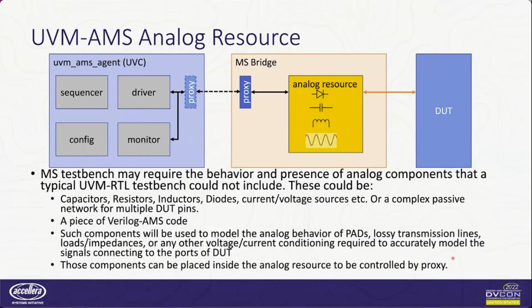So by having all of those signals driven from the analog resource, it's very easy to change the representation of that depending on what you're driving in the DUT without having to modify the bridge or the UVC.